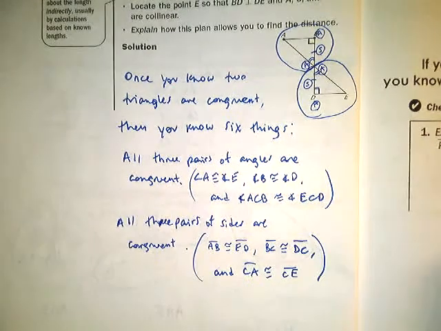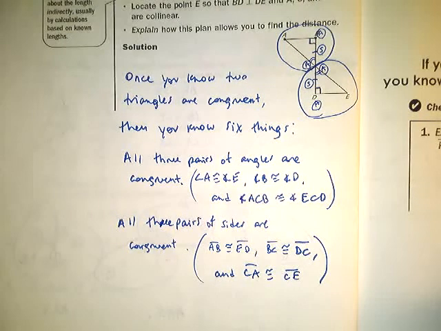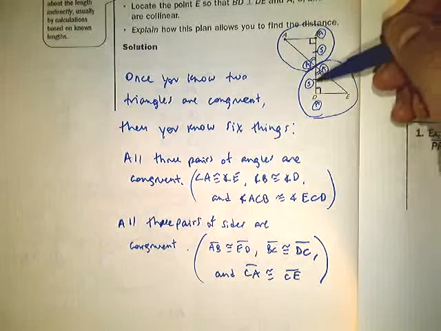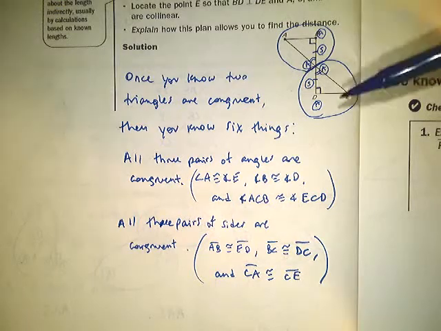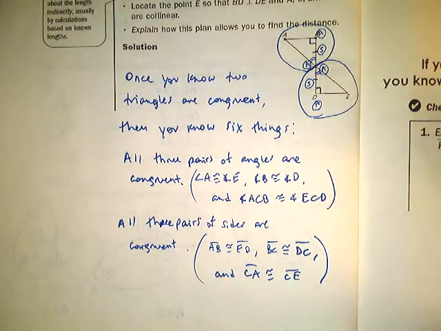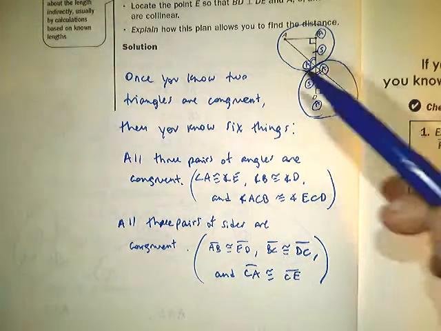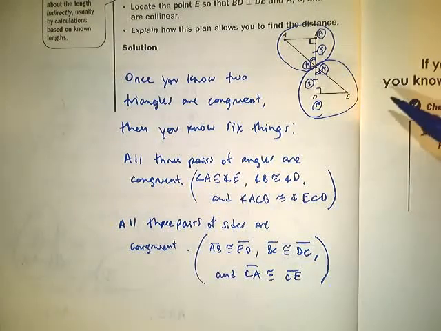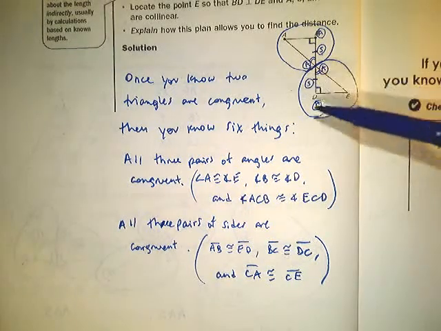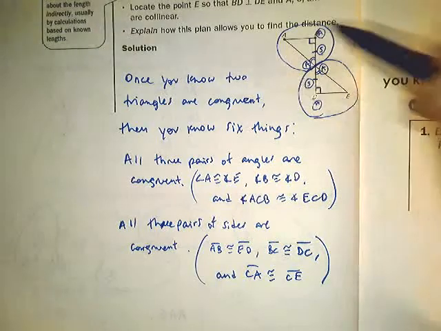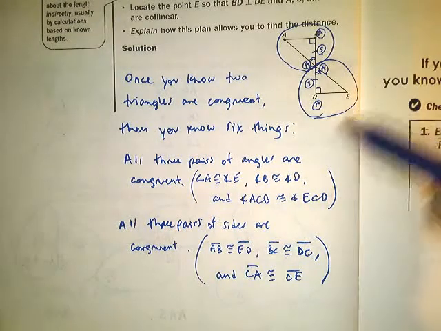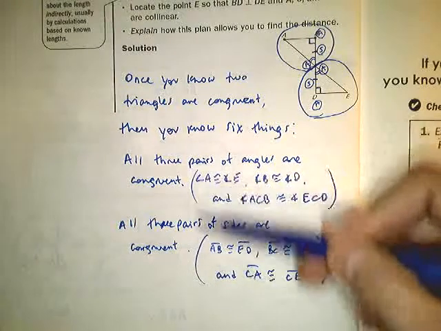So, if you're ever asked to prove something really specific, if you're asked to prove that this side on the triangle is congruent to that side on the other triangle, what you actually have to do is go through the entire process of figuring out what theorem would prove the two triangles overall congruent. In this case, I chose angle, side, angle. And then once I've established that the two triangles are congruent to each other, then I can list any of these 6 things to be true.